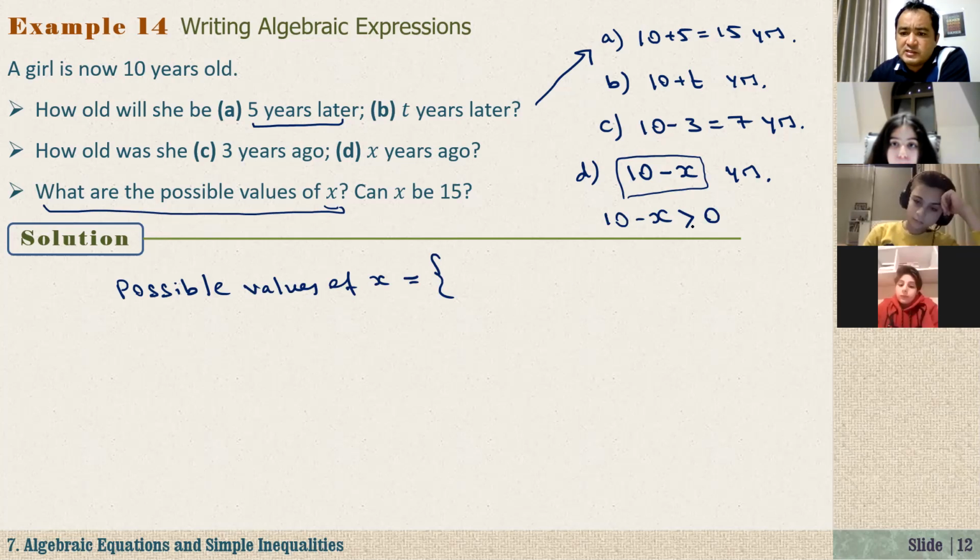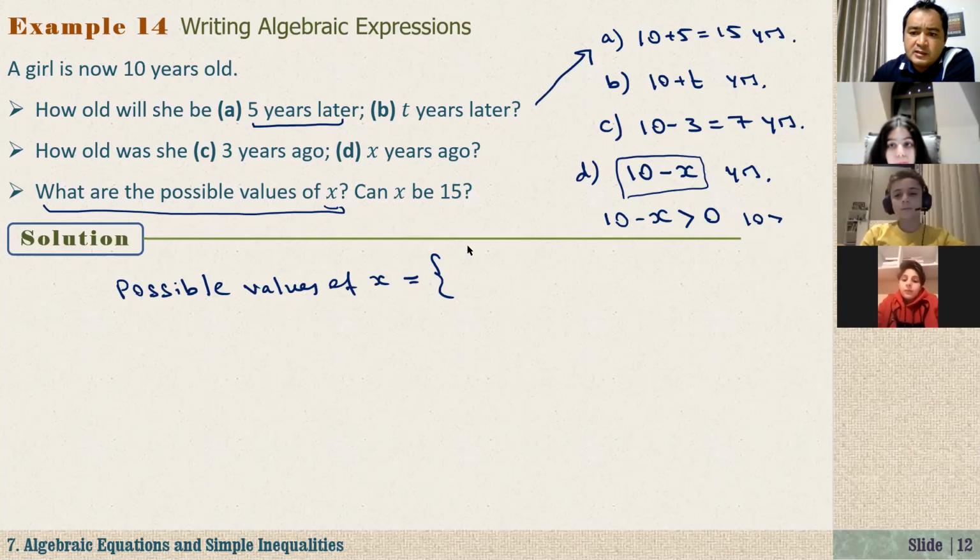When it is greater than 0, if you take X to the left-hand side, 10 is greater than X. So what numbers are less than 10? 9, 8, 7, 6, 5, 4, 3, 2, 1.